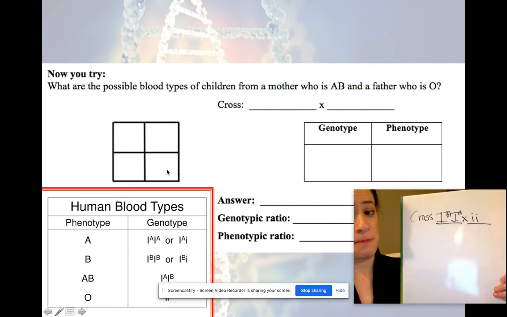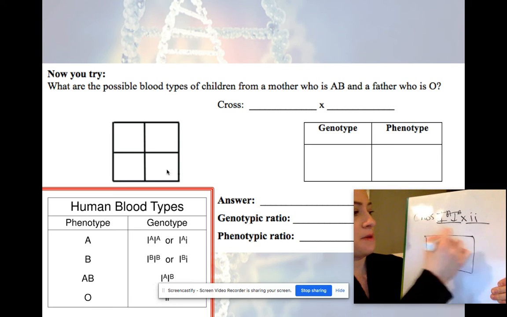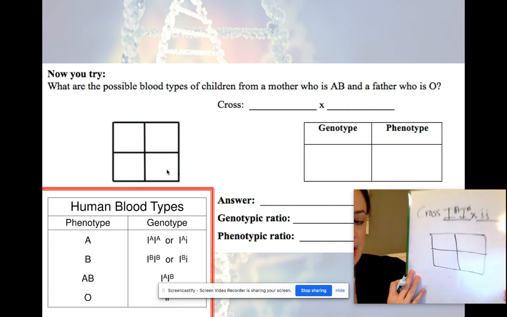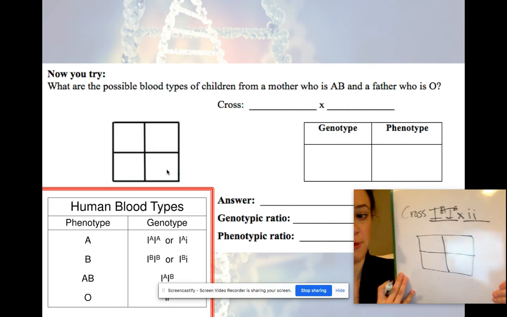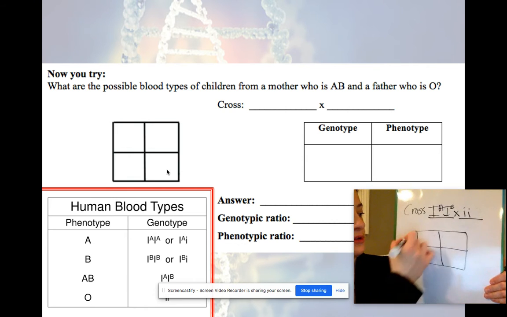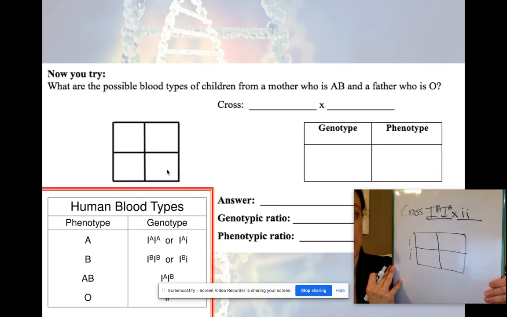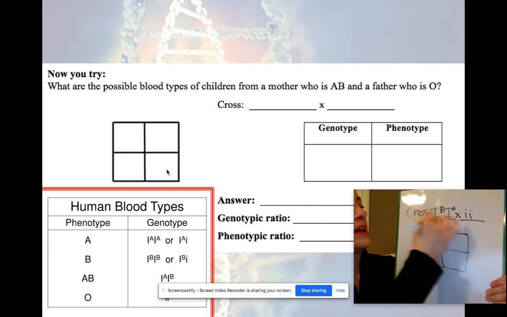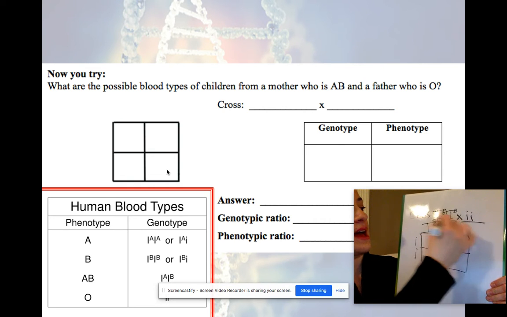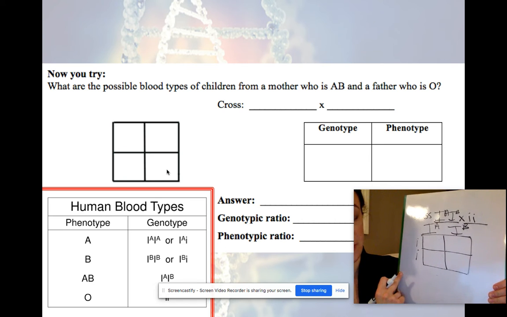Now we set up the Punnett square. So here's the cross that we set up. And each allele, as we've done before, gets a row and a column. So here's the lowercase i and the lowercase i. So the two O alleles from the father who's type O. Here is IA, IB from the mother who is type AB.